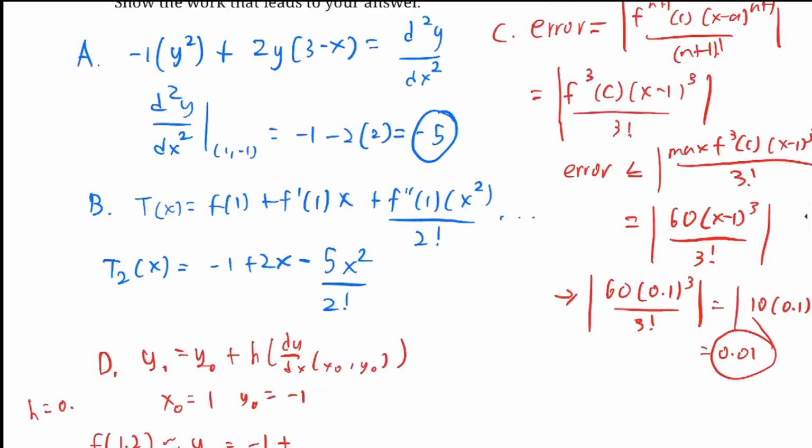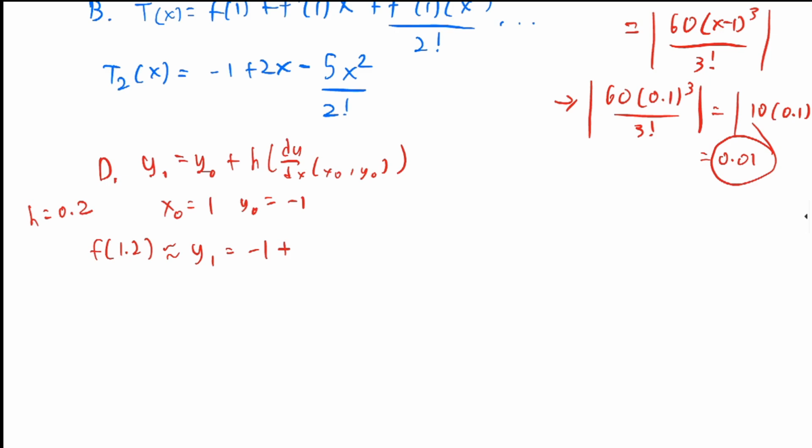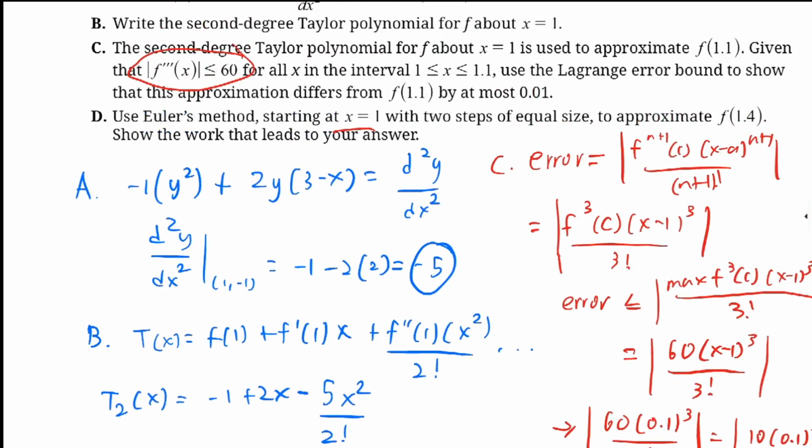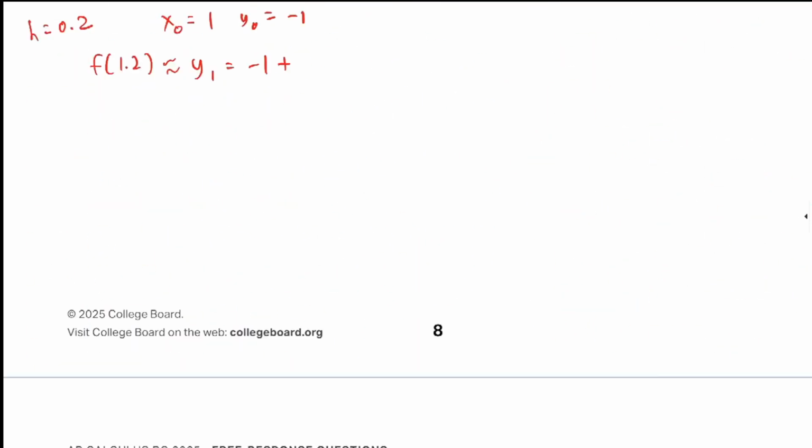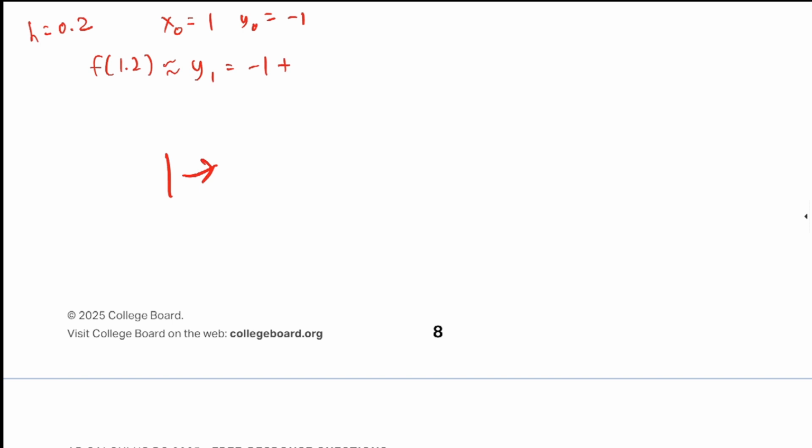Yeah, 2 steps of equal step size, so the step size is going to be 0.2 to get from 1 to 1.4. Because if we only go from 1 to 1.4 with 2 steps, it's just the difference between them, which is 0.4 divided by 2.